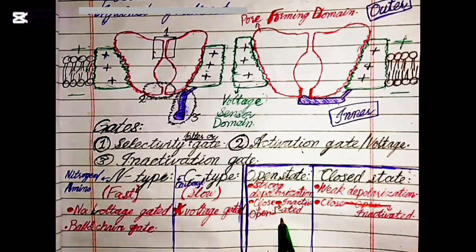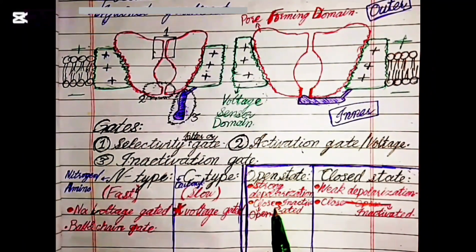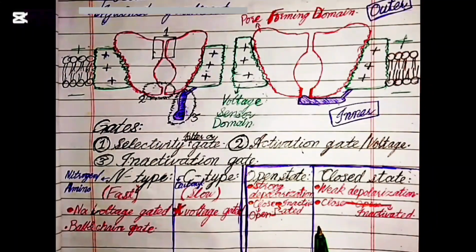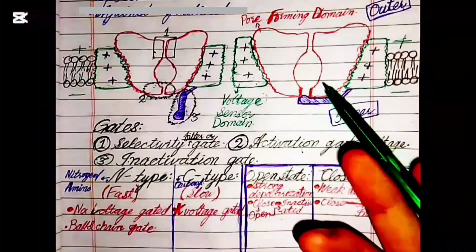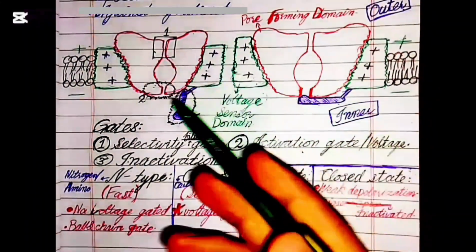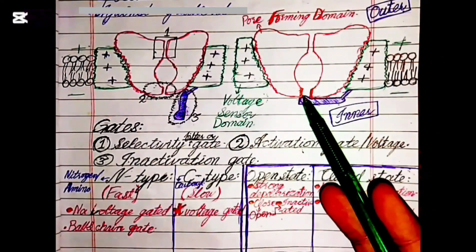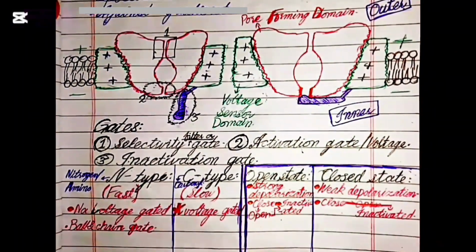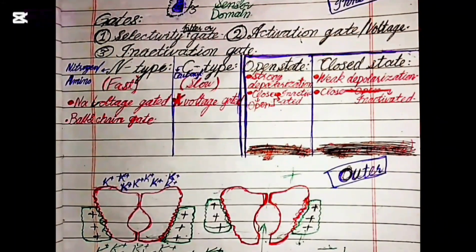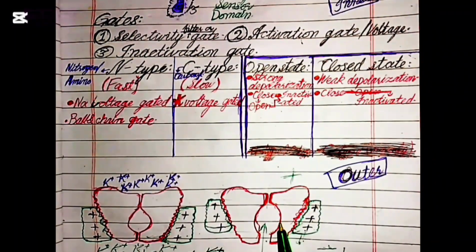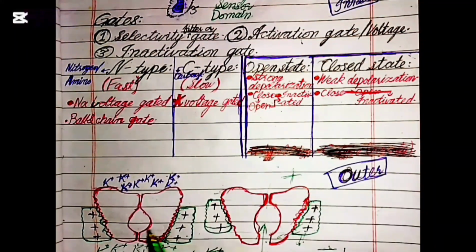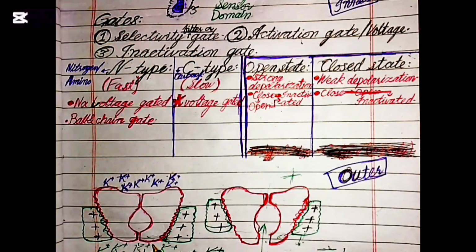In open state, first the channel is closed, then it opens, and after that it inactivates. As we discussed here, first it was closed, then it opened, and after that the inactivation gate closed it. Or in this one, first it was closed, it opened, and after that it closed again after repolarization.